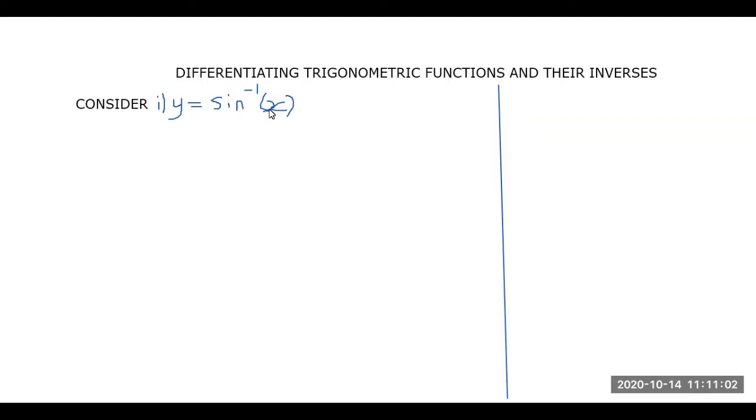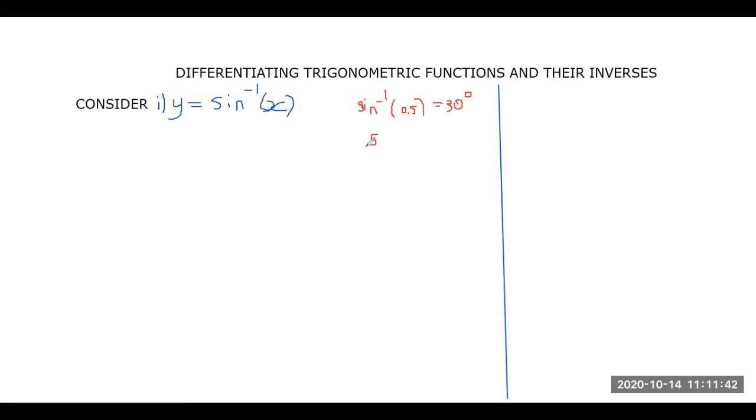So here, y is equal to sine inverse of x. I want you to think about this. If I ask you to find sine inverse of 0.5 with your calculator in degrees, you get 30 degrees.